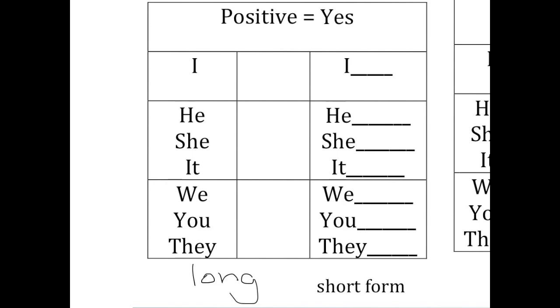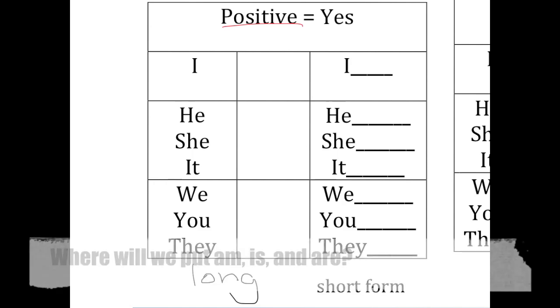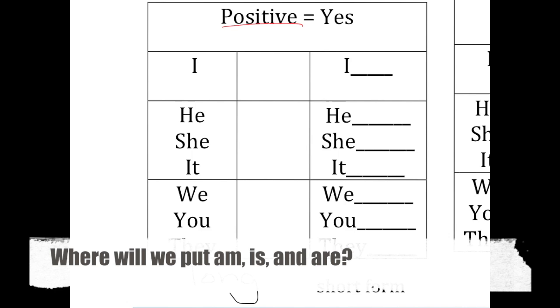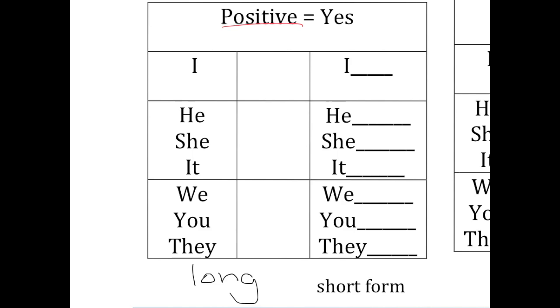Alright. So the first way I want to show you is the positive way. Well, we're going to start out with the positive way. So it's positive, so we're talking about yes. And if you remember, we're learning am, is, and are. So am, is, and are are going to go right in here someplace. Let's do the first one. I, and how we write it is I am.